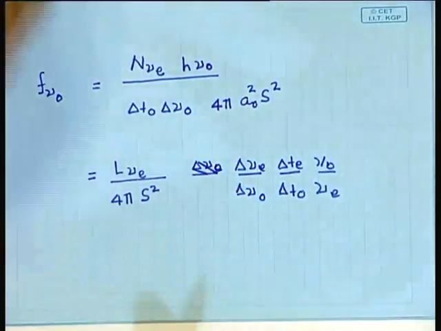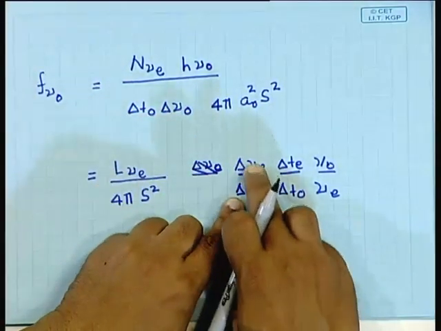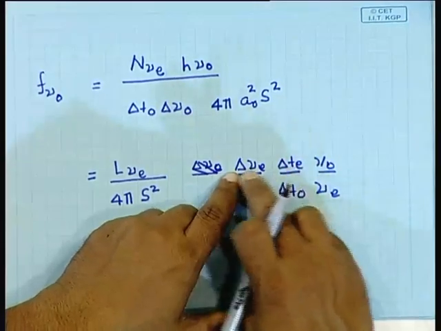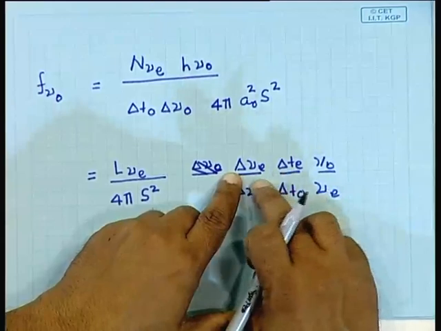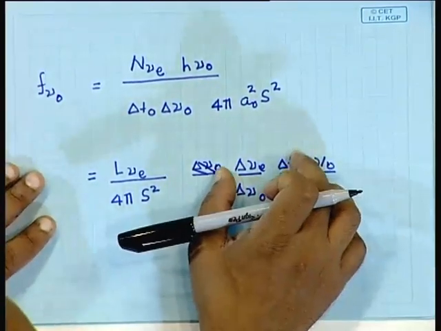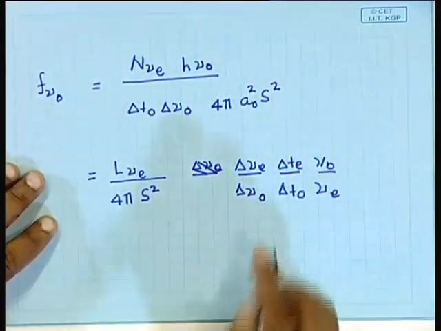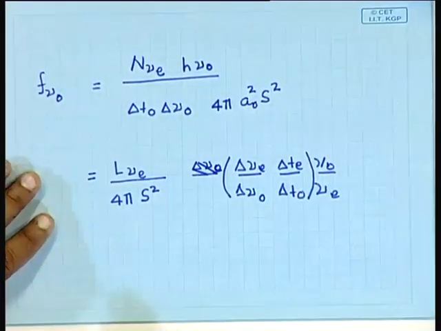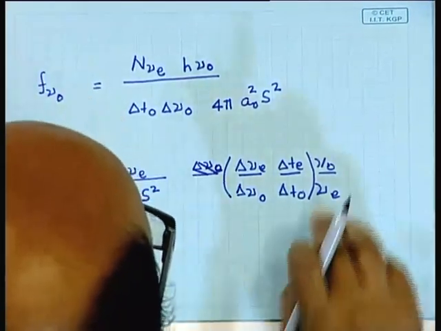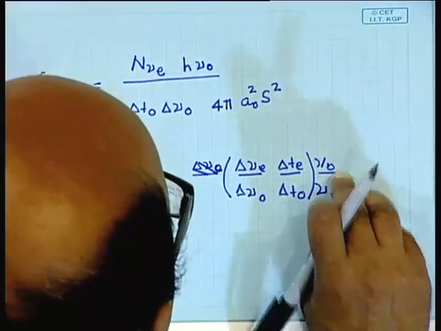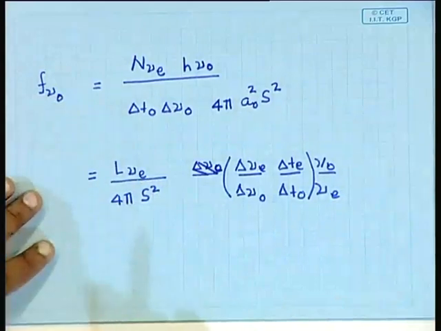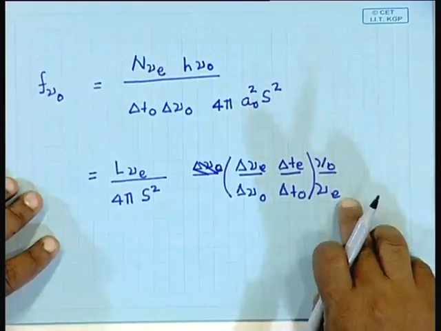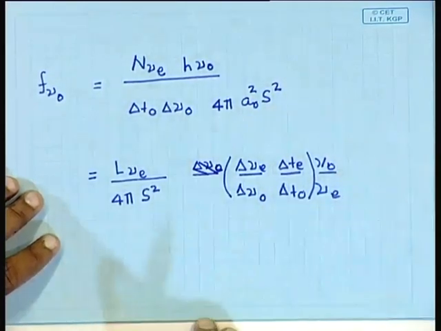The point to note is that this ratio is exactly the inverse of this ratio; the time interval and the frequency interval transform as the inverse of one another. So, these two numbers exactly cancel out. These two numbers together give 1, and we have then the ratio of the observed frequency to the emitted frequency. The observed frequency is smaller than the emitted frequency by a factor of 1 plus z.